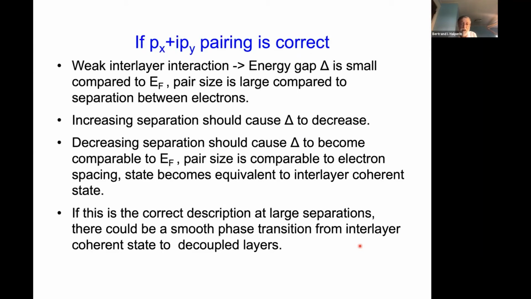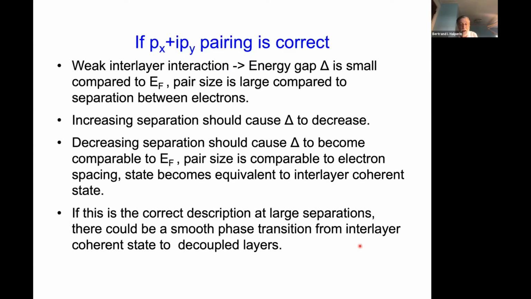But nonetheless, if this px plus ipy pairing is correct, then you could have a situation in which, with weak interactions, the energy gap delta becomes smaller and smaller compared to EF. As in superconductivity, the pair size becomes larger and larger. Increasing separation causes delta to decrease until finally you get infinitely sized pairs, and you basically have decoupled layers.